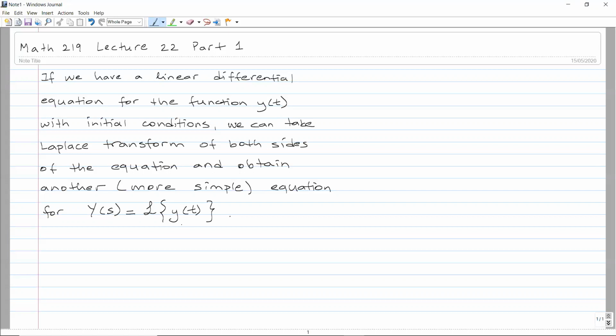And this new equation, we will see in examples, is going to be a linear equation. We can solve it for the function capital Y of s.